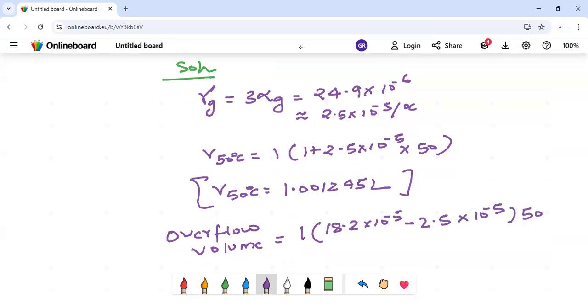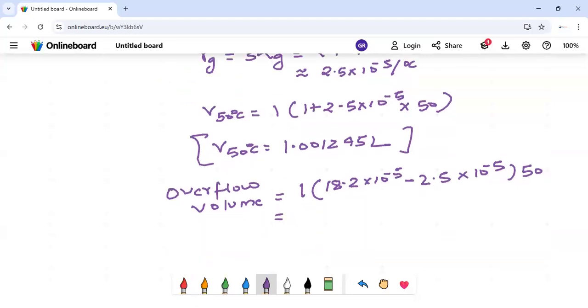Now, mind you, this answer will be in liters. So the overflow volume, when you calculate it, you will get approximately 8 into 10 to the power minus 3 liters. So basically it will become 8 milliliters. This will be the answer, or 7.8 something. So I have rounded off to 8. So this is the overflow volume.